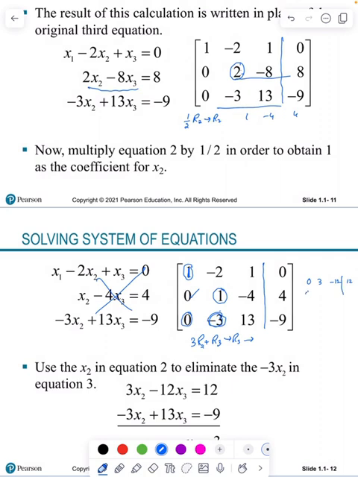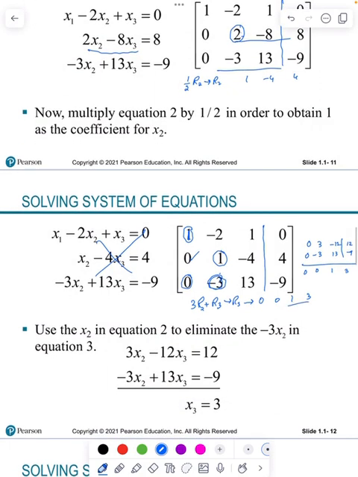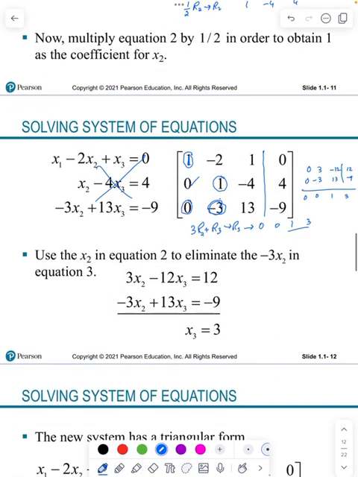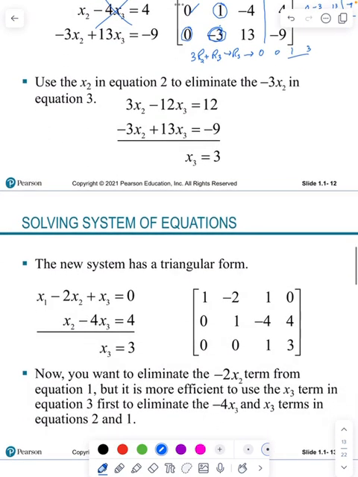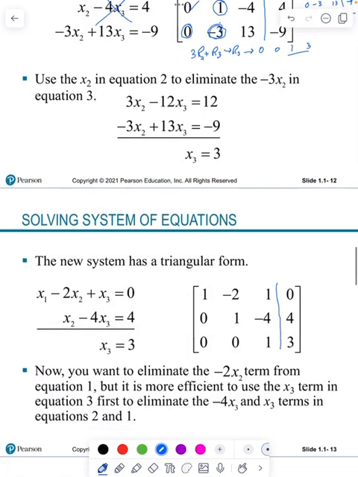And then you are adding it to 0, negative 3, 13, negative 9. So this gives you 0, 0, 1, and this is 3. So this is giving me 0, 0, 1, 3. So third row becomes this, the first and the second remain the same.